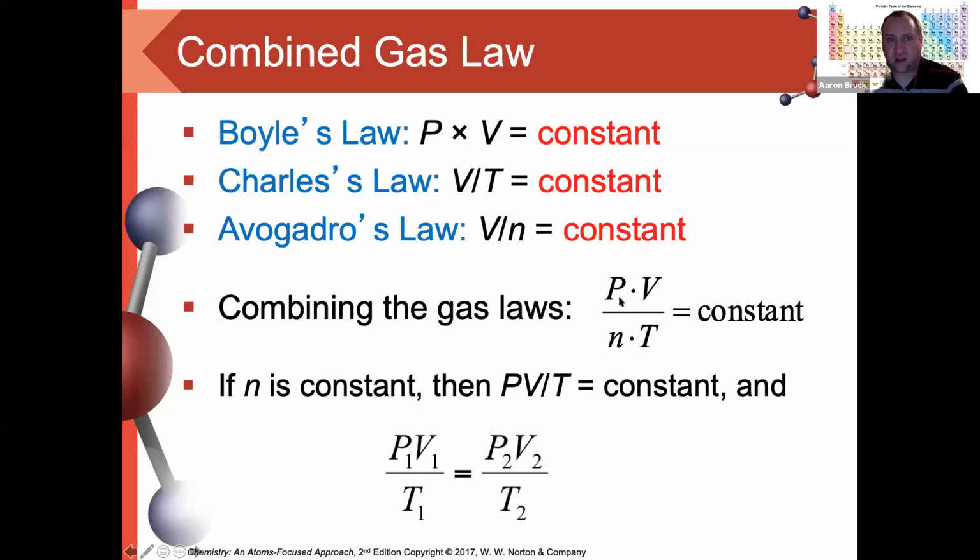But if we're talking specifically about a chemical reaction in any kind of way, or if we're not talking about a chemical reaction, the amount of gas is going to remain relatively constant. If I'm just looking at a balloon, or if I'm just looking at a gas contained in a cylinder, so long as the cylinder doesn't get opened, the amount of gas is going to be relatively constant.